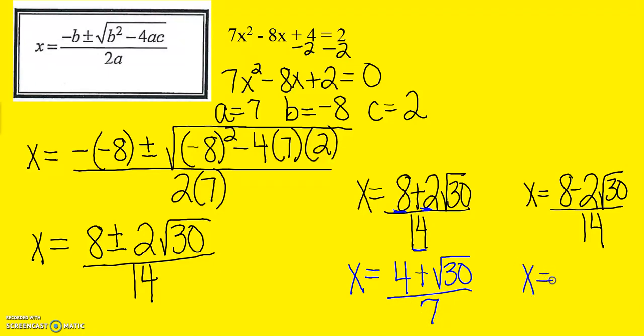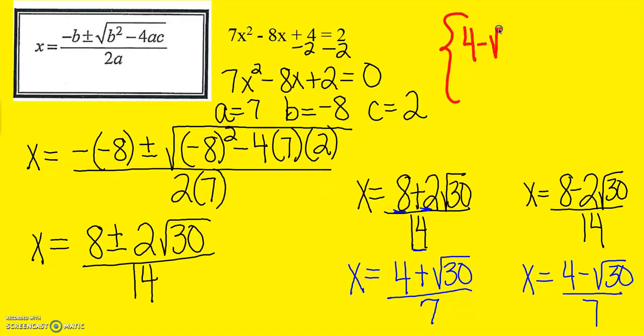And then this one is going to be 4 minus square root of 30 over 7. So we're going to write our answer as a solution set. The smallest value first, 4 minus square root of 30 over 7, and 4 plus the square root of 30 over 7.